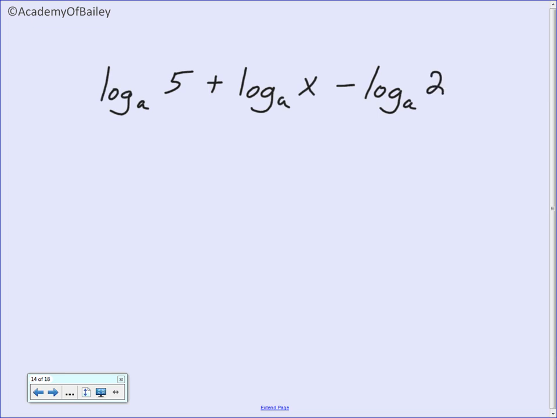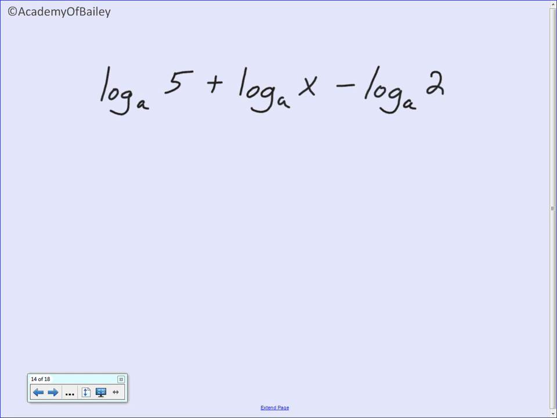Now I want you to try this. Say we have log base a of 5, and we're going to add log base a of x, and then we're going to subtract log base a of 2. I'd like you to turn that into a single logarithm.